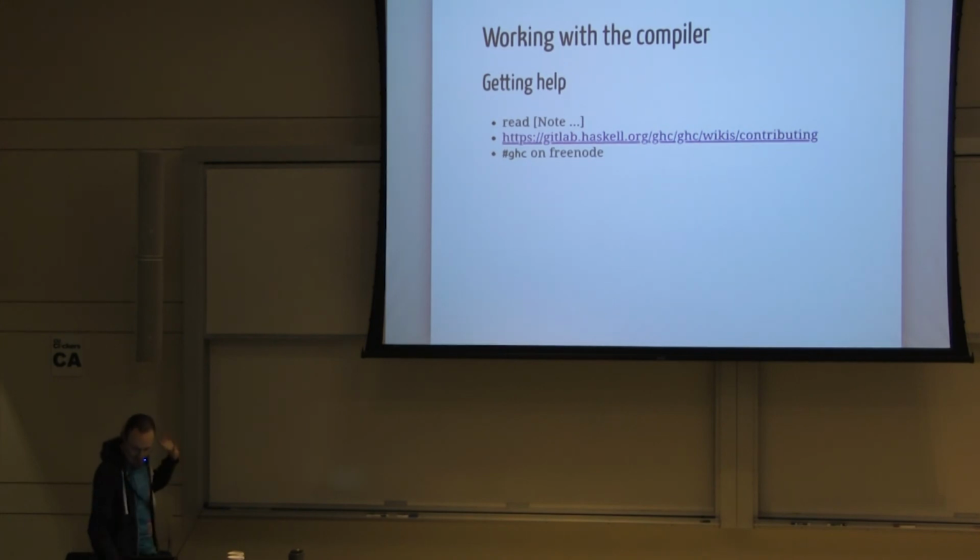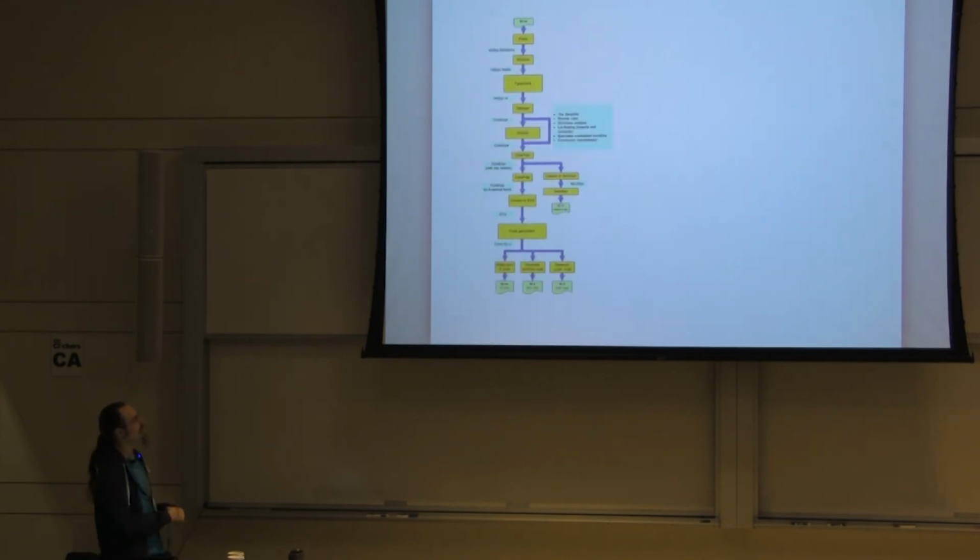Now we'll look a little more at what exactly GHC looks like. There's this huge graph, where you start out with the parser, which produces an AST, which stands for abstract syntax tree, which is, well, your syntax tree.